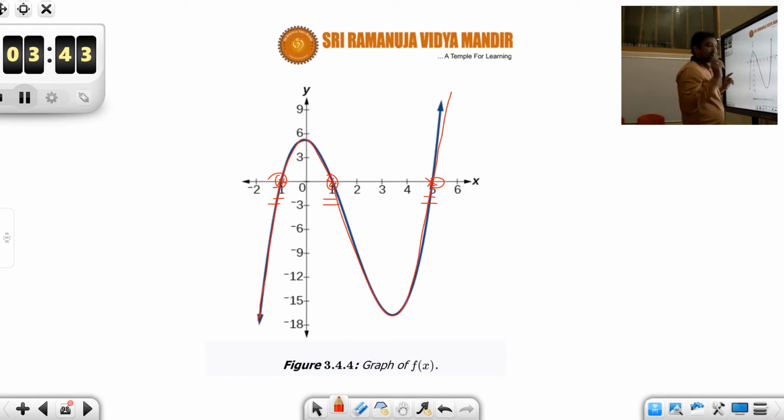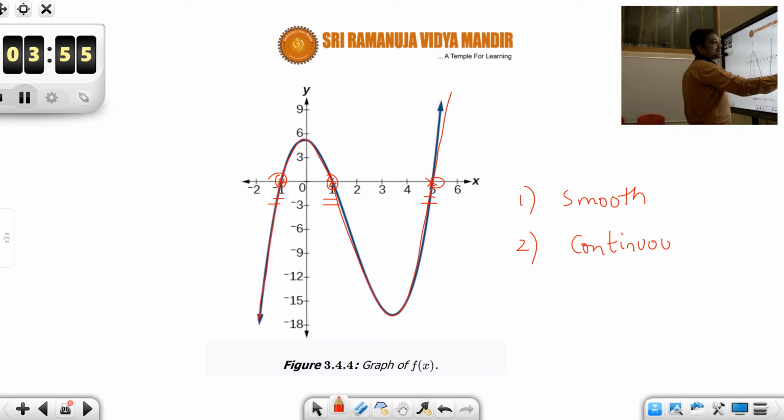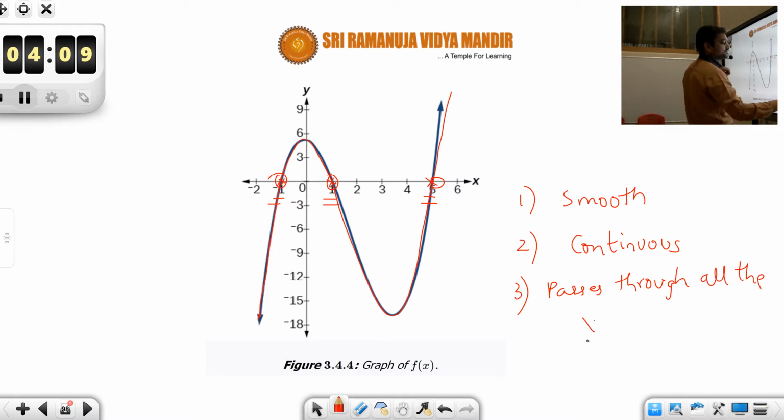And students, a polynomial is always smooth, meaning there are no sharp points, and it is continuous. Continuous means there are no gaps. And third thing, a polynomial always passes through all the x-intercepts.